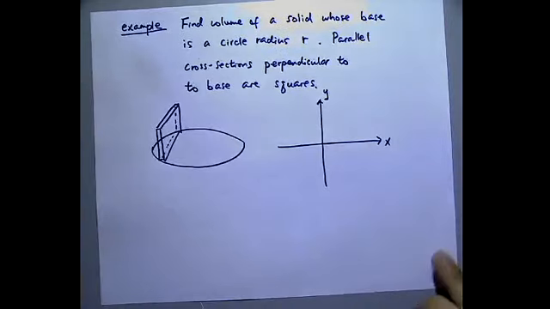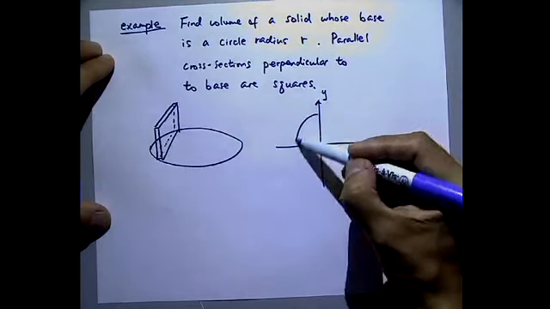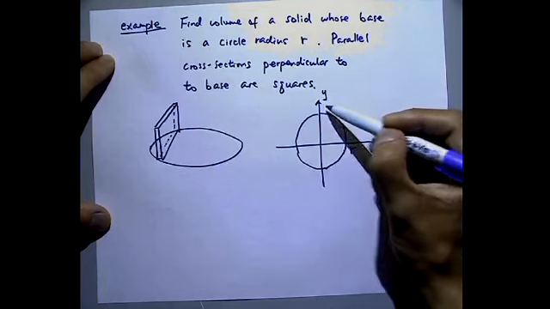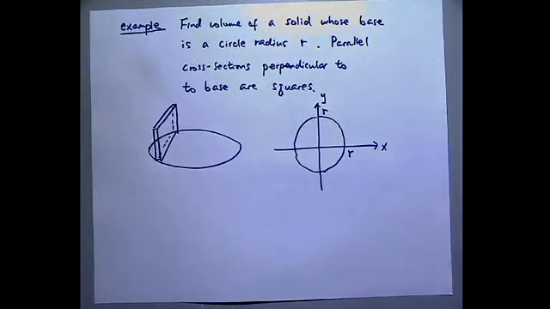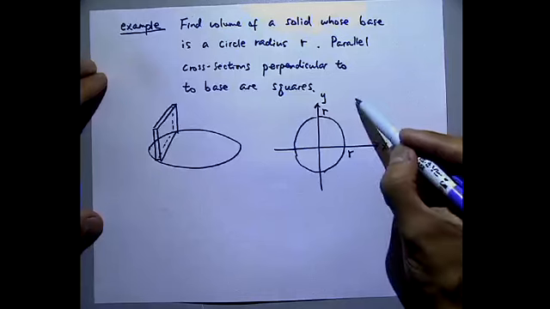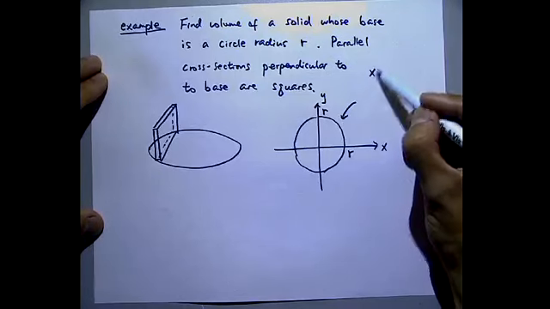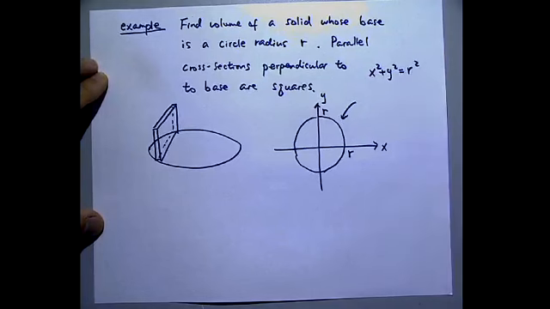All right, so let's take a look at this thing from the top down. From the top down here, we see a circle, of course. Radius is r. The equation describing that circle is x squared plus y squared equals r squared.